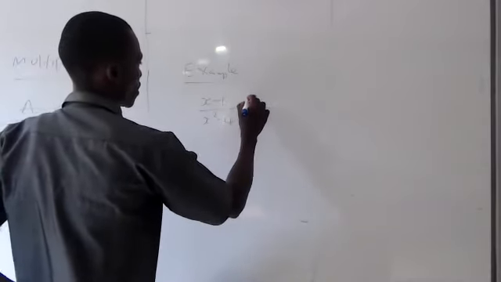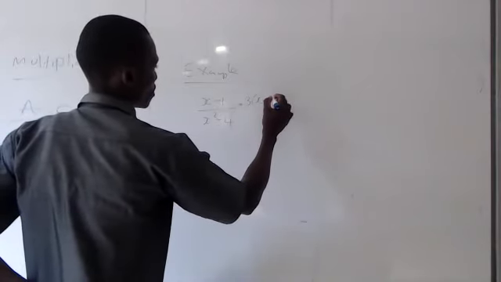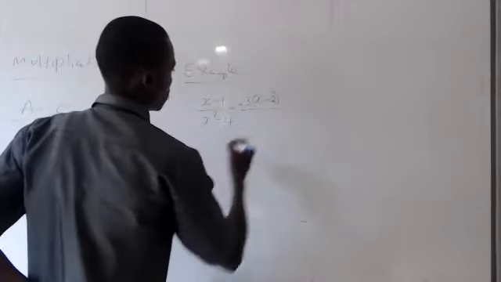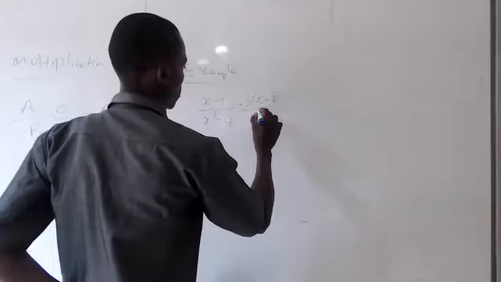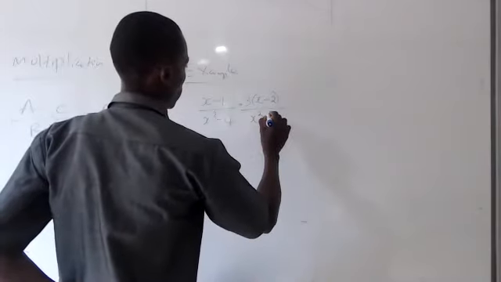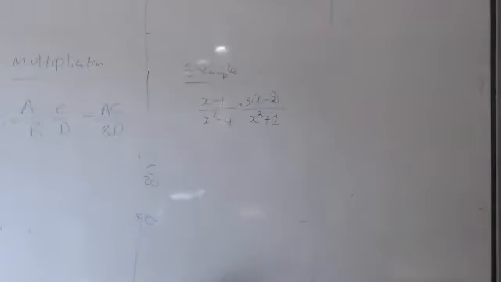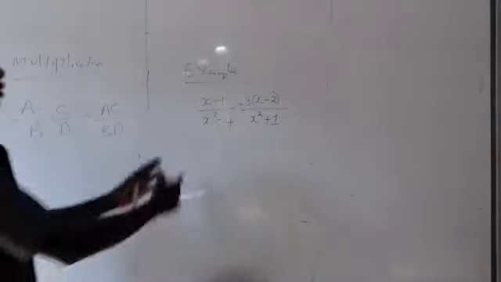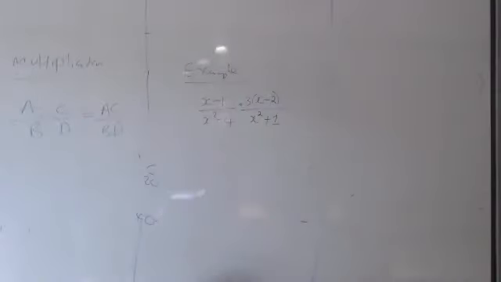You're multiplying this by 3 times x minus 2 divided by x squared plus 1. Yes, you want to multiply these two expressions. So just multiply the numerators independently, then multiply the denominators independently, and then see if you can factorize.